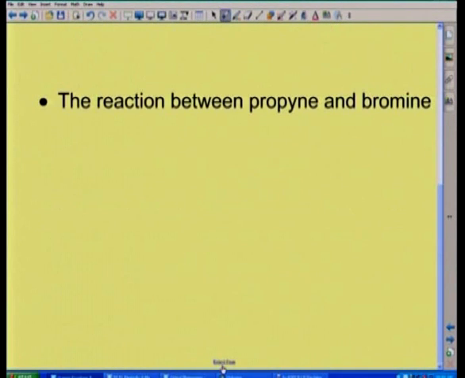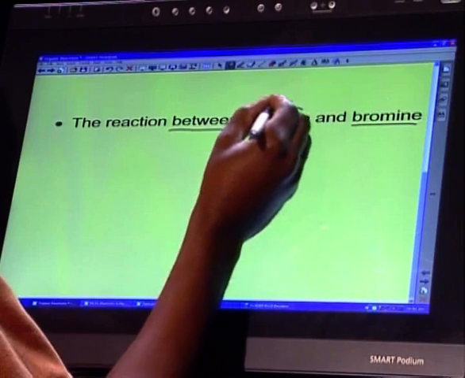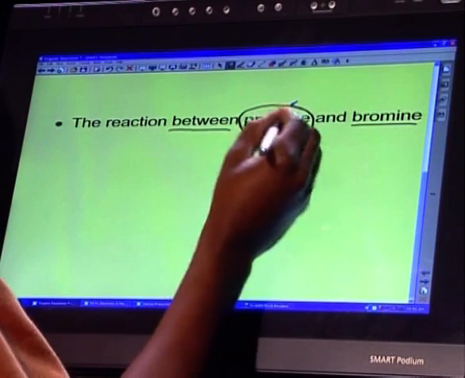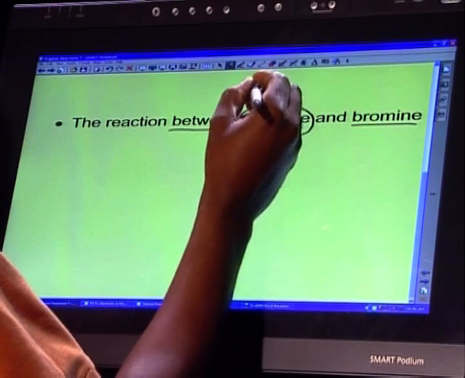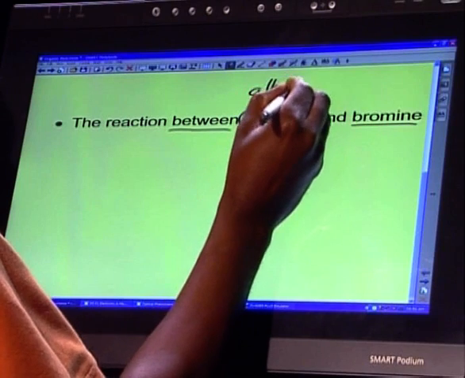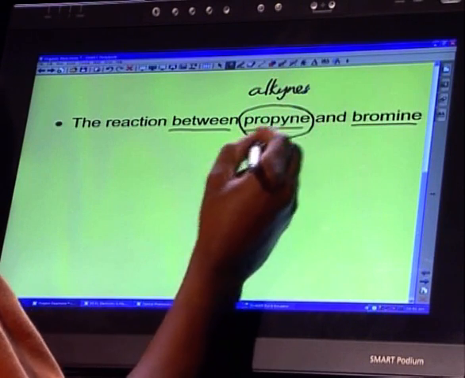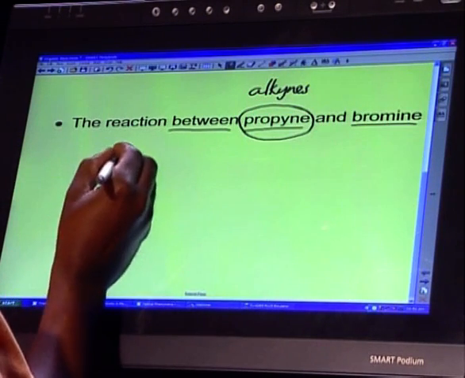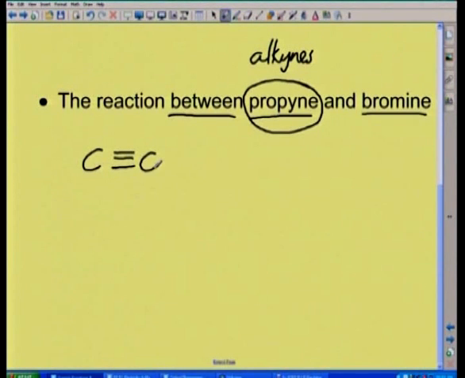Let's look at the next one here. The reaction between propyne and bromine. Now, what homologous series does propyne belong to? It belongs to alkynes. And this suggests that we have got a triple bond between two of the carbon atoms.